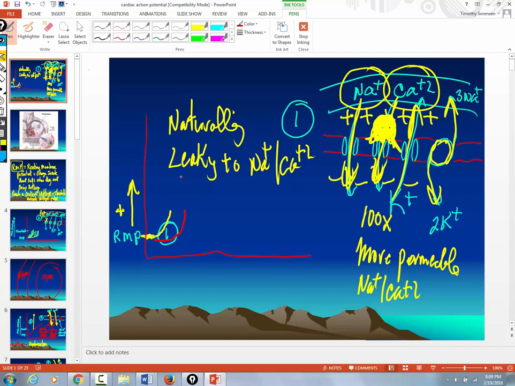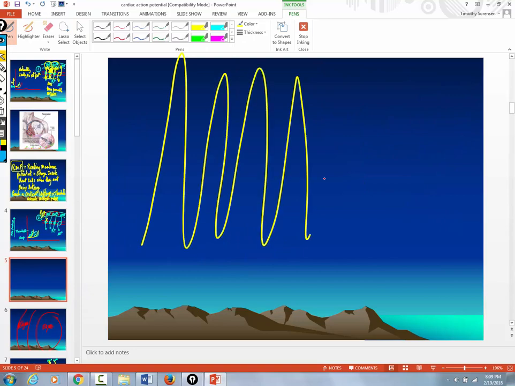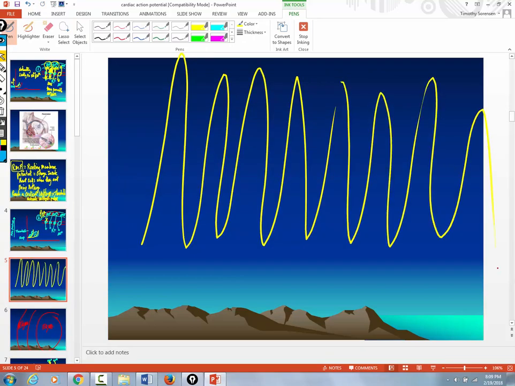Tell me you got that. You've heard of ventricular tachycardia, haven't you? Ventricular tachycardia looks like this. Are the ventricles depolarizing too fast or too slow? Good. What caused them to depolarize?